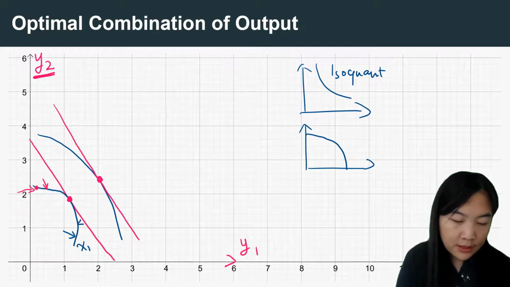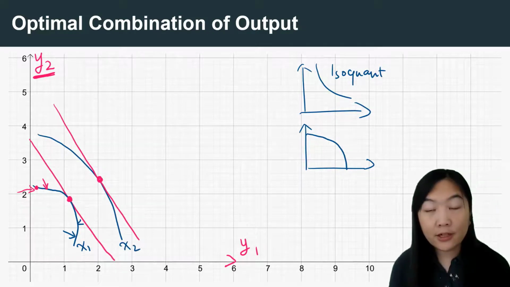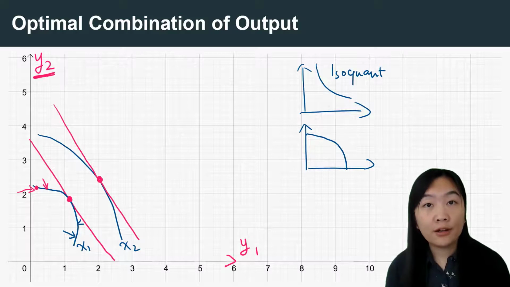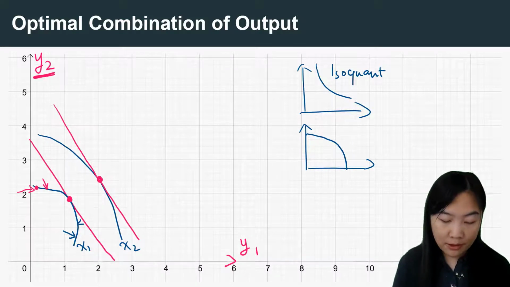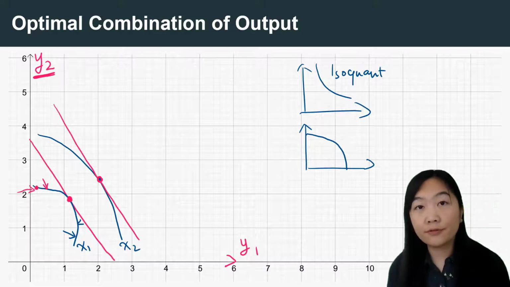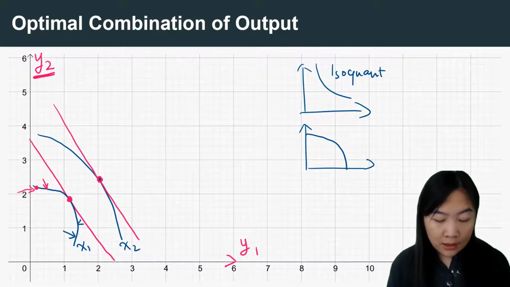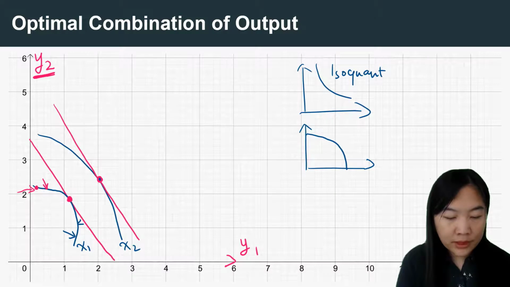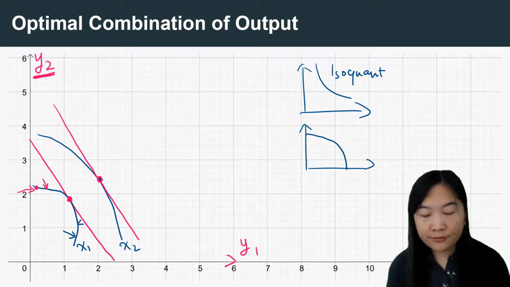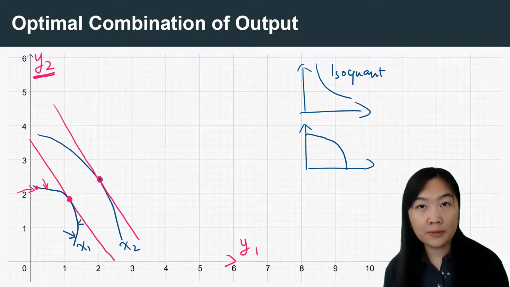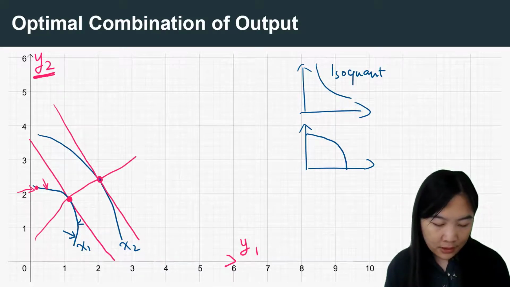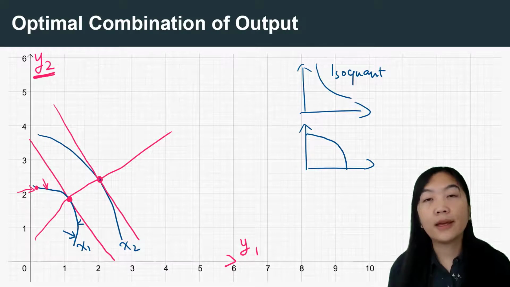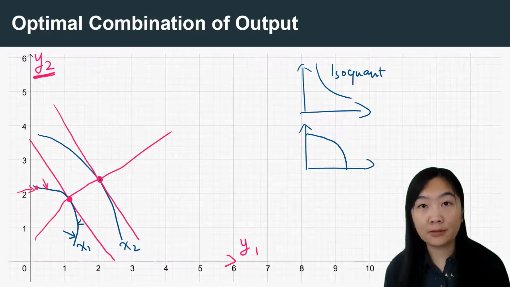Let's assume this is X2. So for another given level of input, we can also solve the revenue maximization problem. And this is the point of revenue maximization. And we can solve a bunch of different points of revenue maximization. And then if we connect all those points, we get the output expansion path.